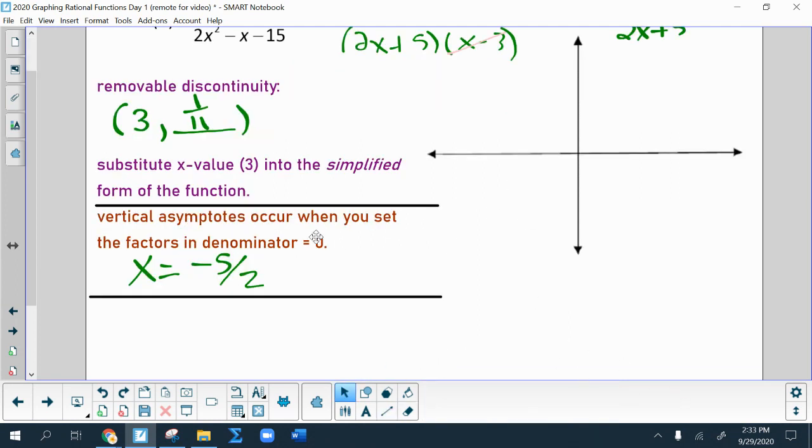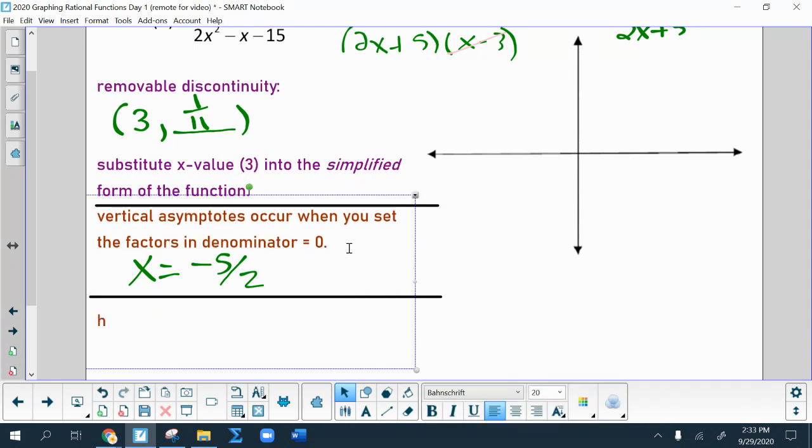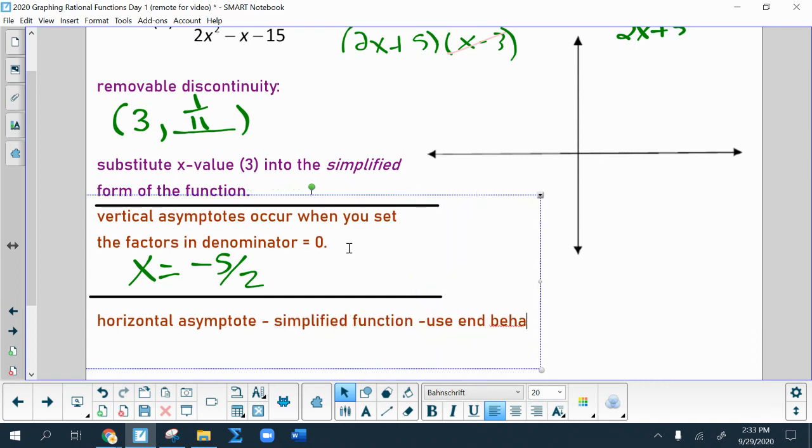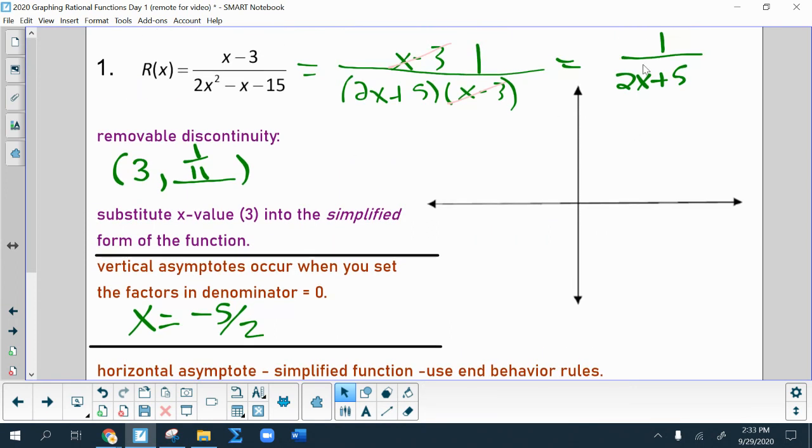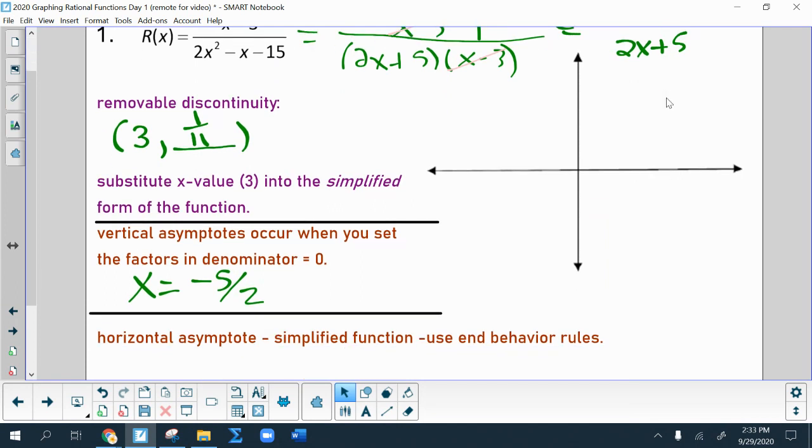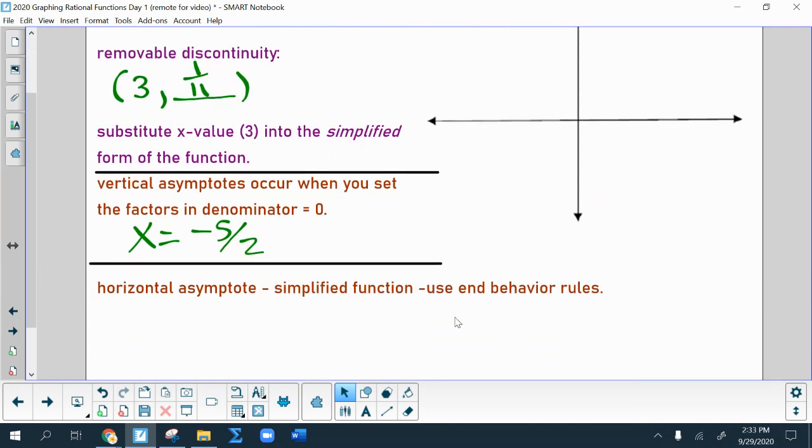The horizontal asymptote is when you look at the simplified function and use the end behavior rules on that. On this problem, my numerator's power is less than my denominator's power, which means that my end behavior is approaching 0. So that creates my horizontal asymptote at y equals 0.